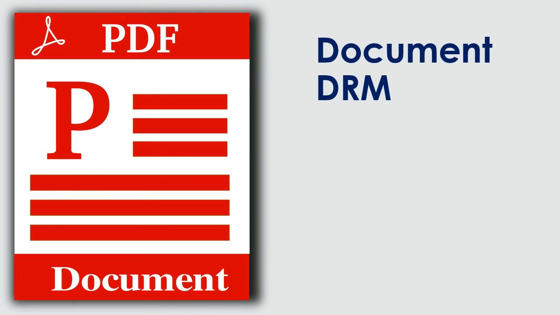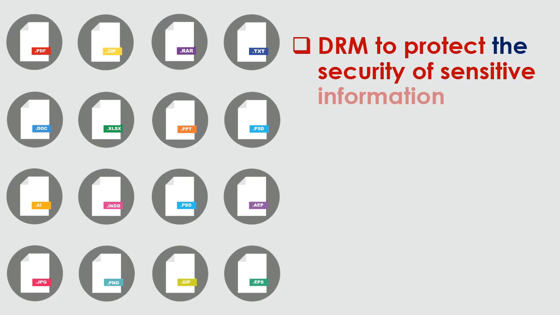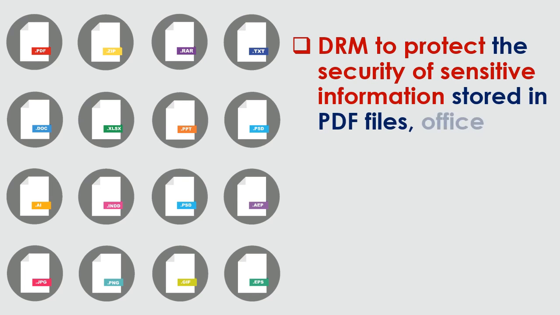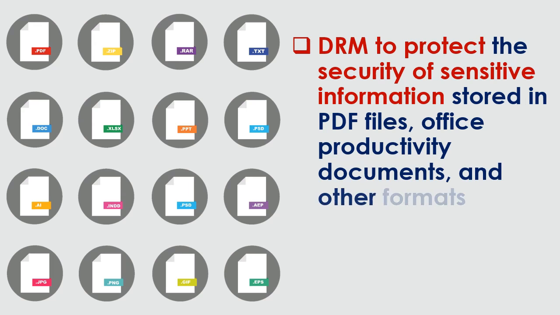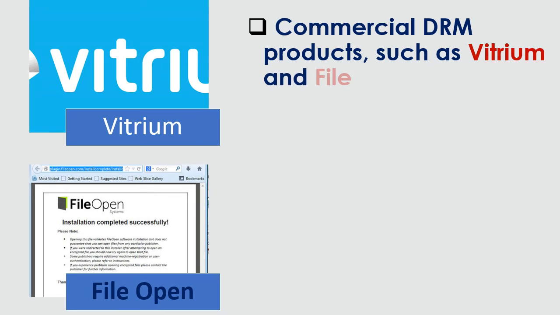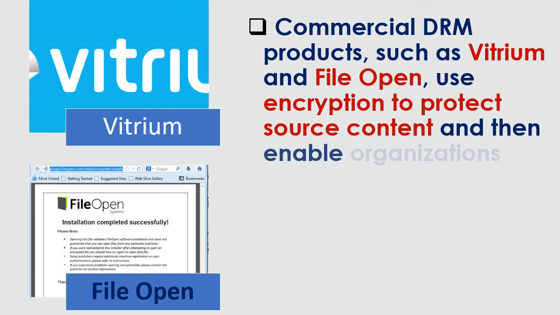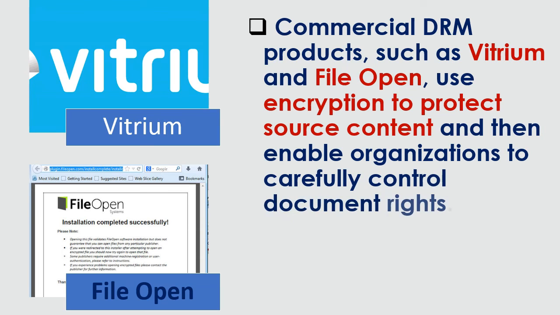Document DRM. DRM is used to protect the security of sensitive information stored in PDF files, office productivity documents, and other formats. Commercial DRM products, such as Vitrium and FileOpen, use encryption to protect source content and then enable organizations to carefully control document rights.